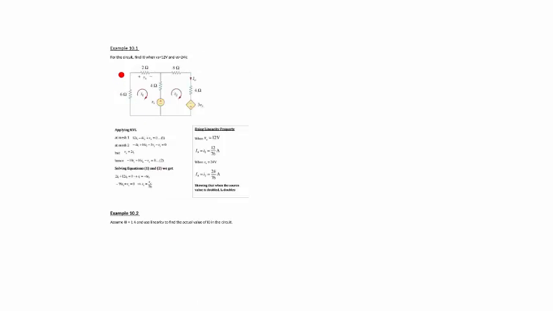As you can see, that is an example. It says find I0 when our voltage source is 12 volts and when our voltage source is 24 volts.